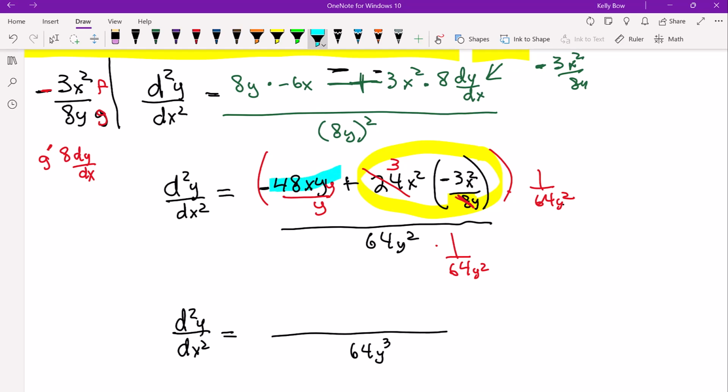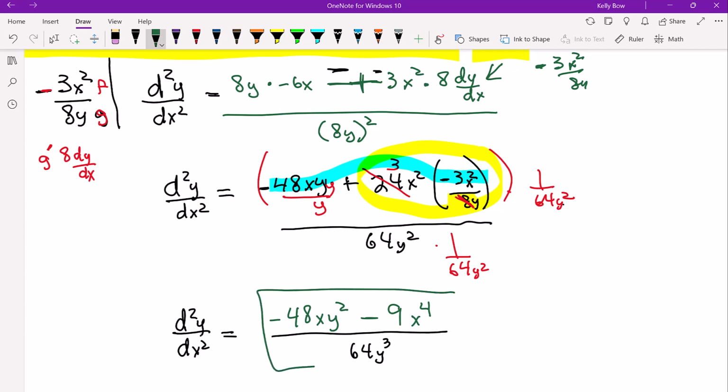Now we can just focus on what's left in the numerator. So we have negative 48x, y times y, so negative 48xy squared. We have a 3x squared times negative 3x squared, so that's negative 9x to the fourth.